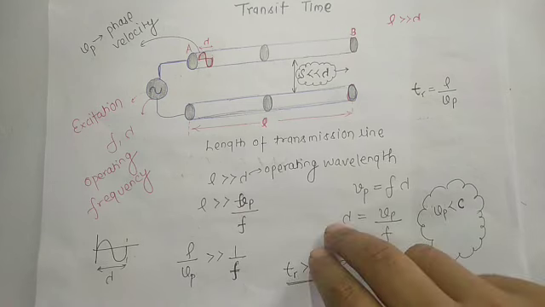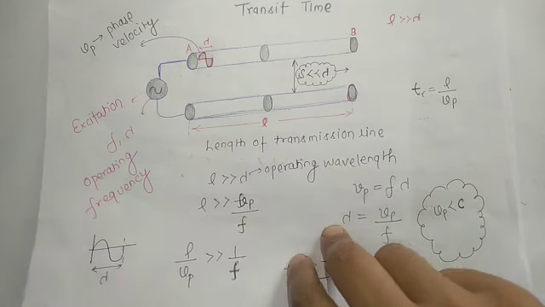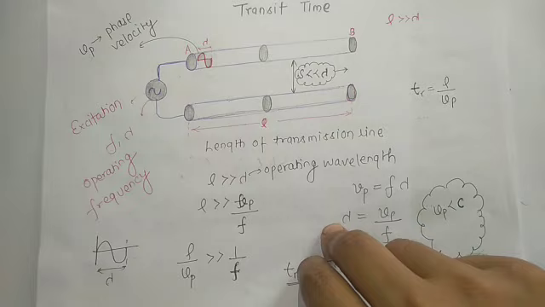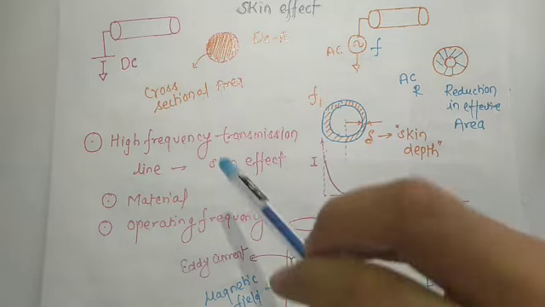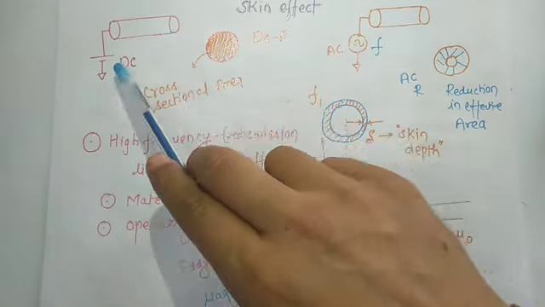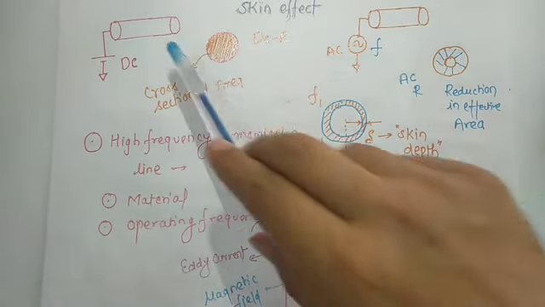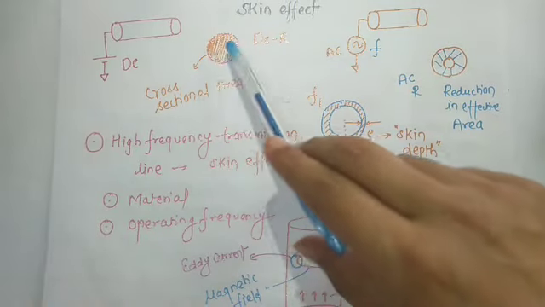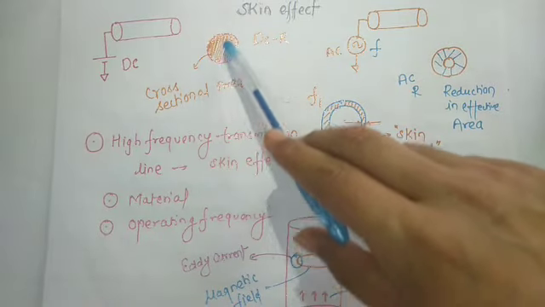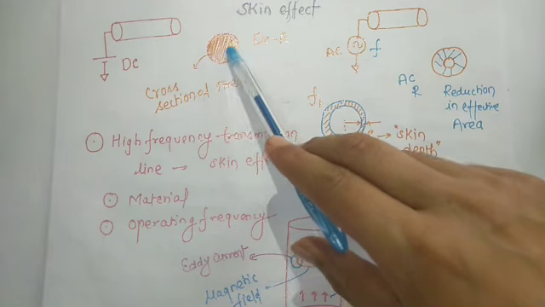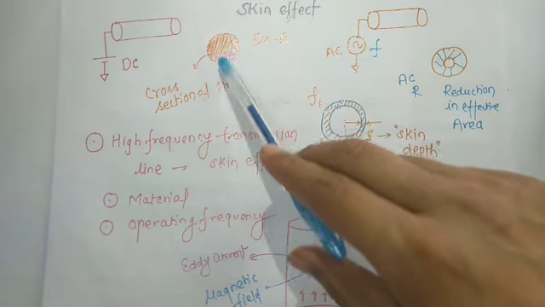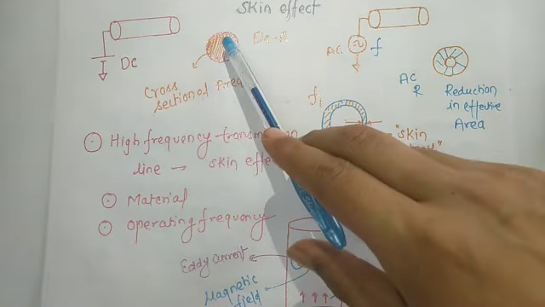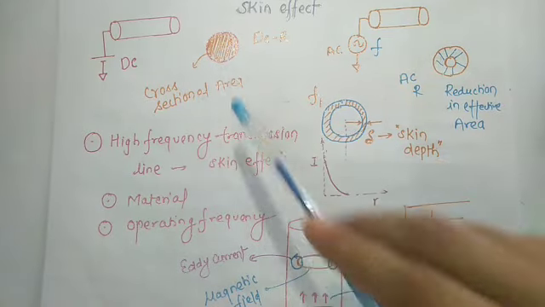There is another thing that happens in a higher frequency transmission line, that is the skin effect. What is skin effect? Suppose there is a conductor and we have applied DC. Look at the cross sectional area of this conductor, which I have filled with some color. It means current will flow through the full cross sectional area.